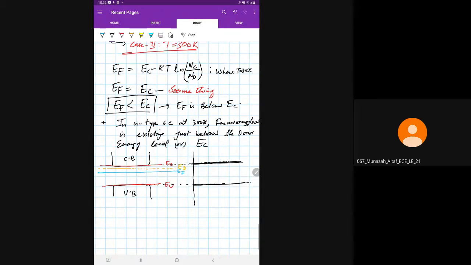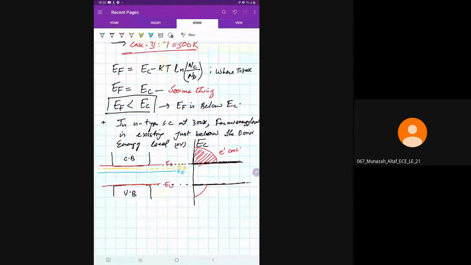And we know that in n-type semiconductors, the concentration of electrons is very high in the conduction band. So this is the electron concentration and this is the hole concentration, because holes are minority carriers.